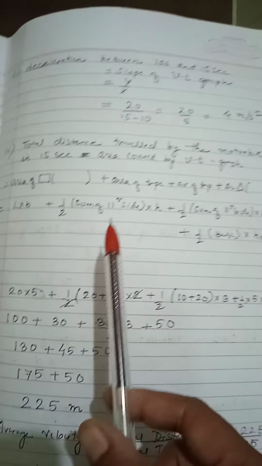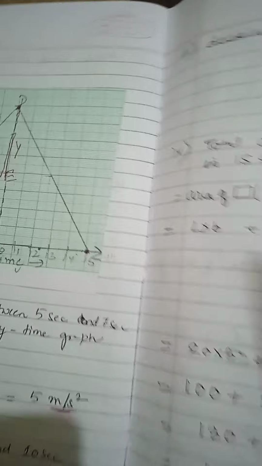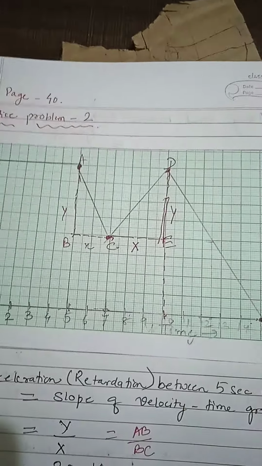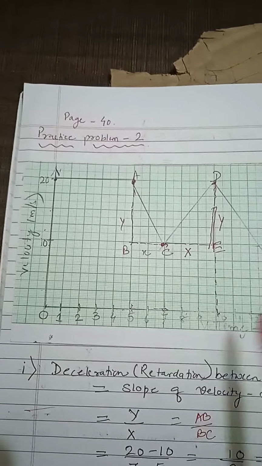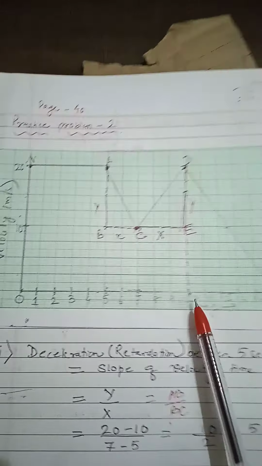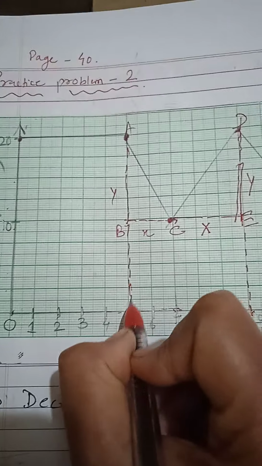Now next, you have to find the total distance traveled by the motorbike in 15 seconds. So this is the velocity-time graph. If you want to find the total distance, you have to find the area covered by the graph. And if you see here in the figure, first is the area of a rectangle.